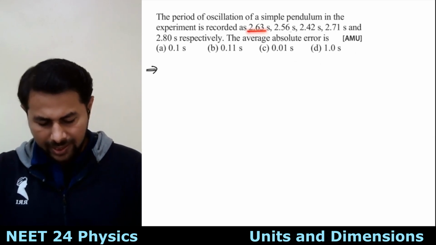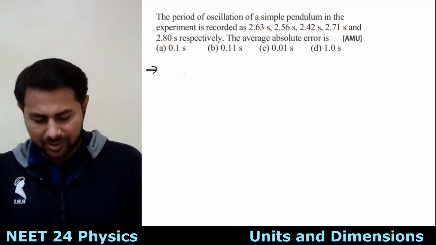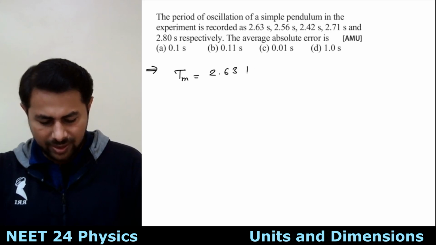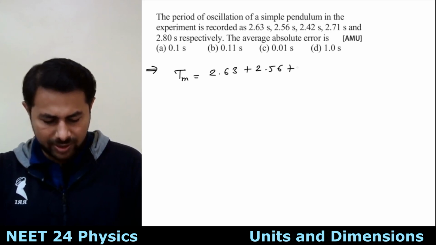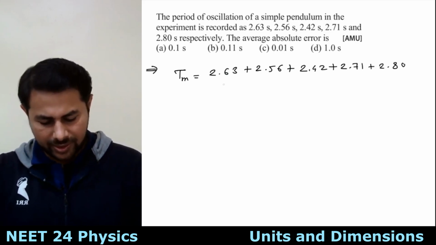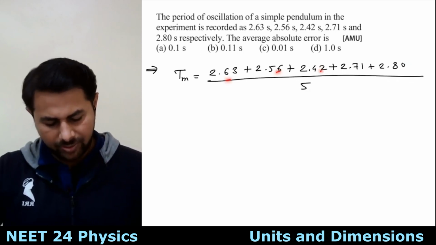So these are n measurements. What you need to do is find out their mean. So mean time period is equal to 2.63 plus 2.56 plus 2.42 plus 2.71 plus 2.80, and divided by n, which is 5, I guess, 1 2 3 4 5, right?